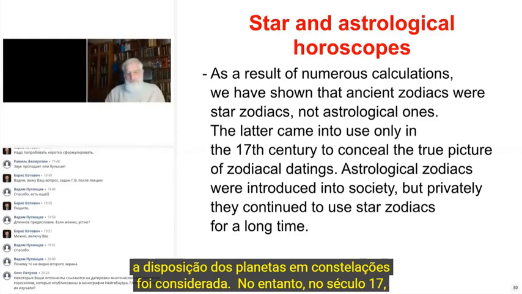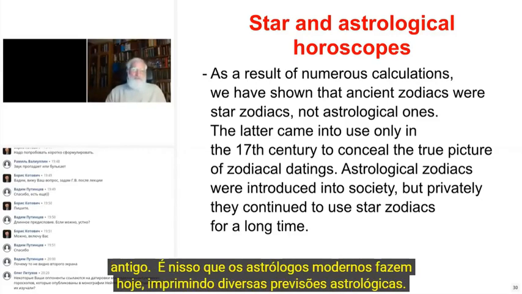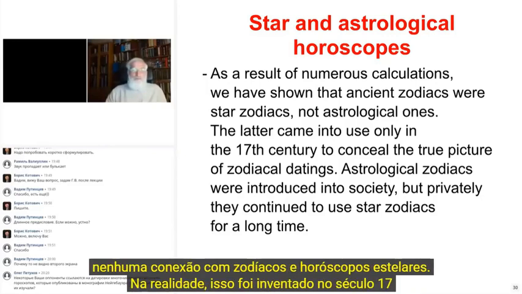However, in the 17th century, astrological horoscopes were invented, and it was retroactively claimed to be something ancient. This is what modern astrologers engage in today, printing various astrological forecasts. People discuss them, asking, "Are you an Aries or Taurus?" This has no connection whatsoever to star zodiacs and horoscopes.